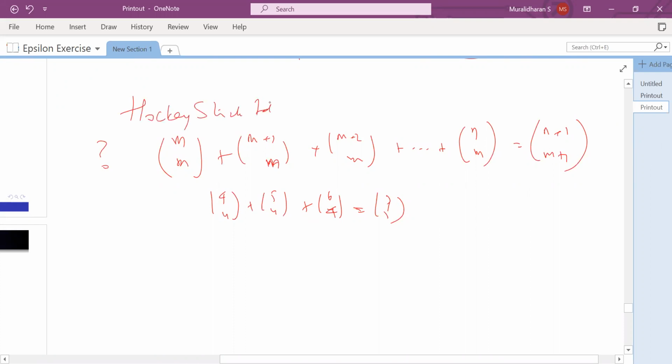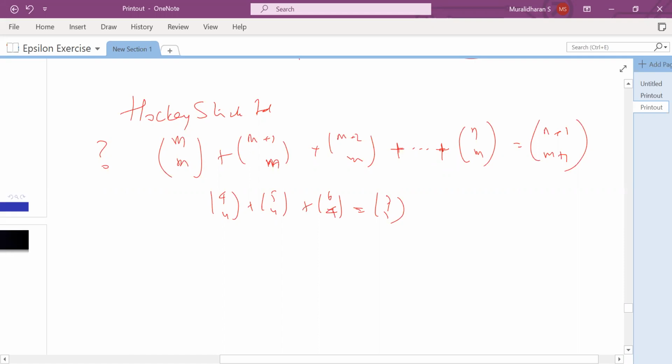Use Pascal's identity. This uses Pascal's identity: R choose R plus N choose R plus 1 equals N plus 1 choose R plus 1. Okay, so what we wish is to turn 4 choose 4 and 5 choose 4 into a form like 5 choose R and 5 choose R plus 1.